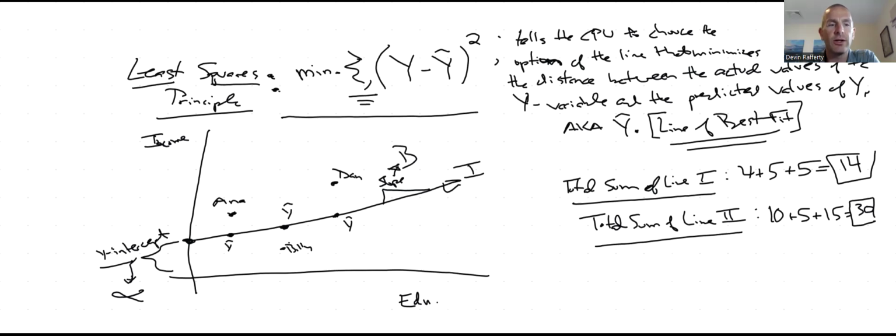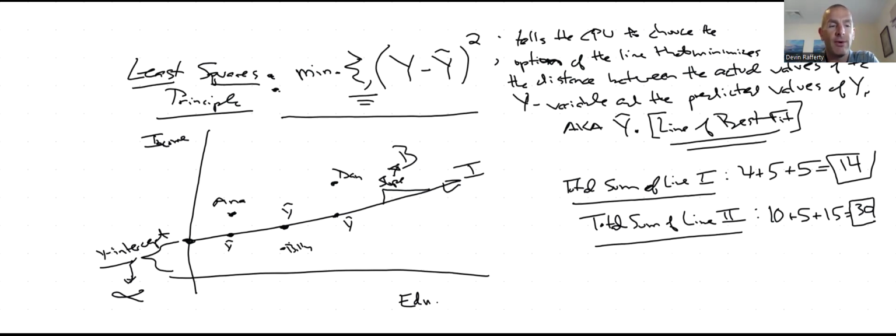What it does is try to minimize the distance between the actual values of y, the actual dependent variable's values, and the predicted values of y, the predicted values of the dependent variable.